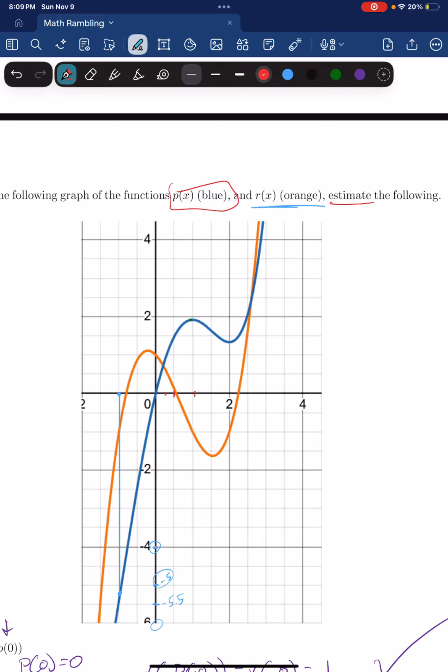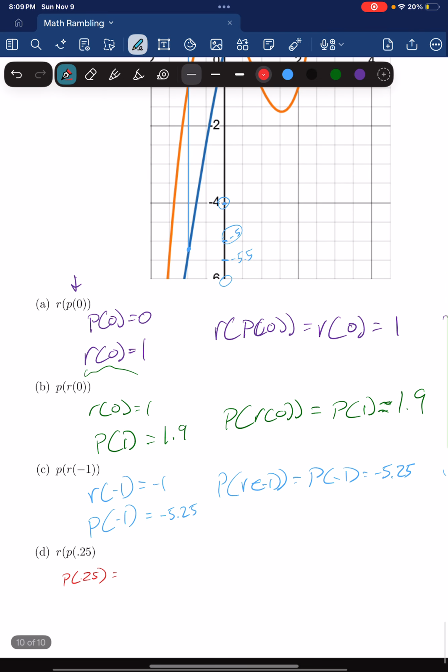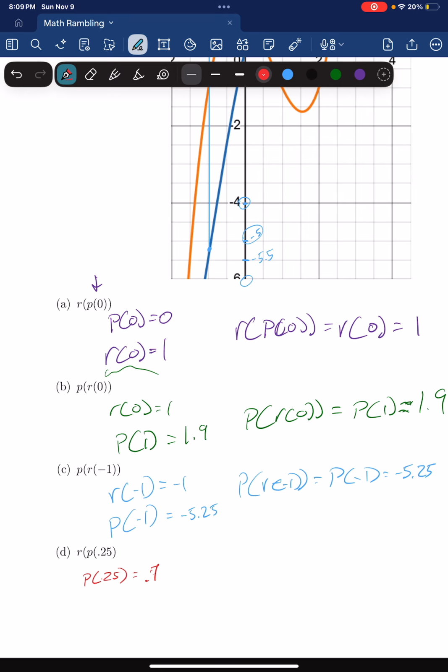It's fine. All right. Kind of seems like right here is good. And what is that? Well, let's see. This is 1. This is 0.5. So we'll call that 0.75, ish. So now we need to find R of 0.75.